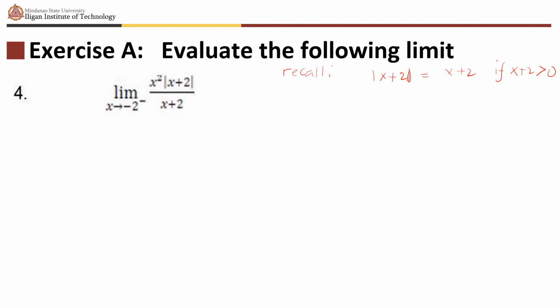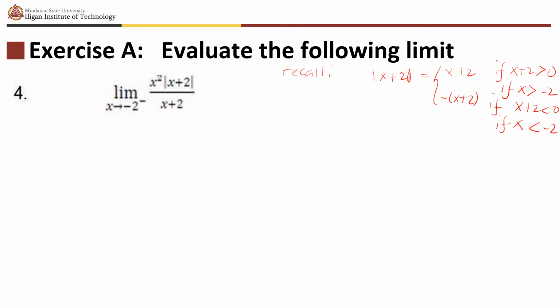Meaning to say, if x is greater than minus 2. And it is the negative of x plus 2 if x plus 2 is less than 0. That is, if x is less than minus 2.